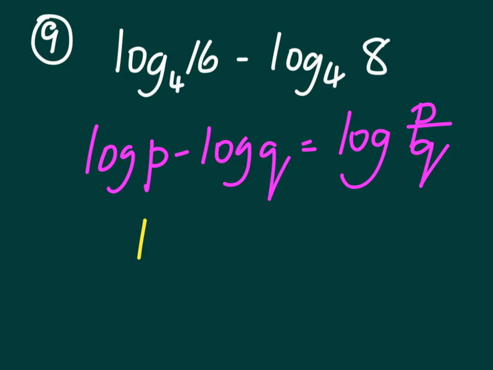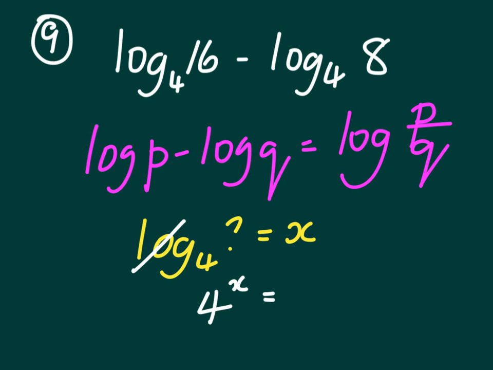That's going to get you to a stage where you've got log to the base 4 of something equals x, and then you're going to ask yourself, how do I get rid of the logs? 4 to the power x equals whatever your question mark is, and you should hopefully be able to work out x from that.